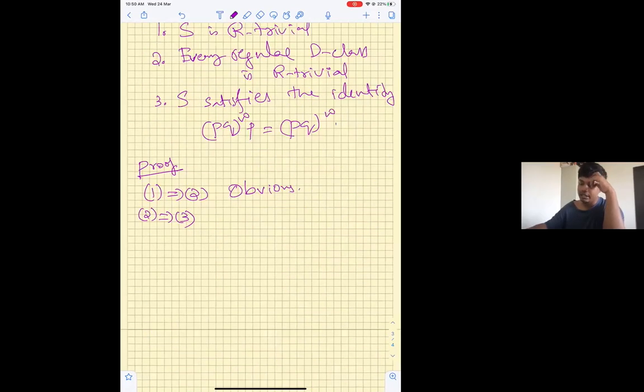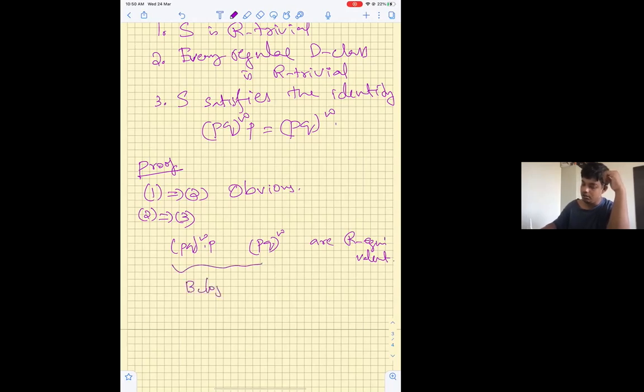Every regular D class is R trivial. That satisfies the identity, because if I have PQ power omega times P as well as PQ power omega, they are equivalent. That we have already seen. And they belong to a regular D class, because PQ power omega is an idempotent.